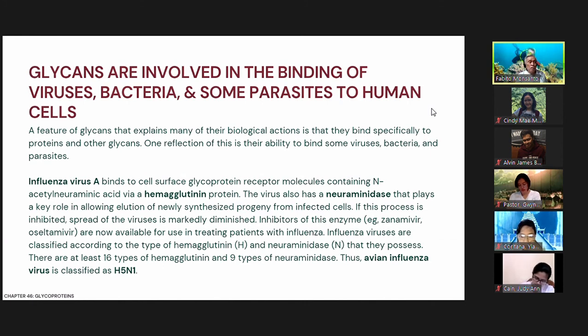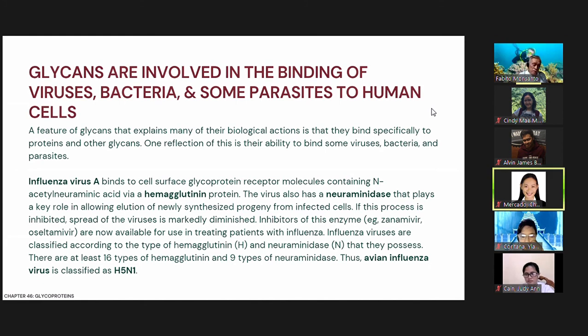But we already have a flu vaccine which is quite effective, unless, of course, you are not vaccinated for influenza. Now, there are several types of this influenza, and we are vaccinated by the most common type found in the Philippines.